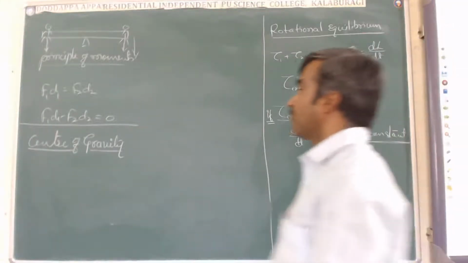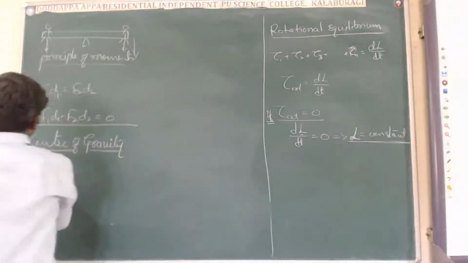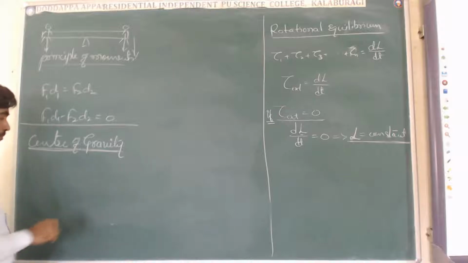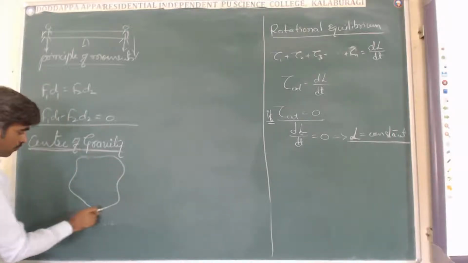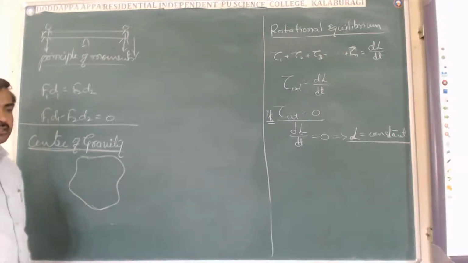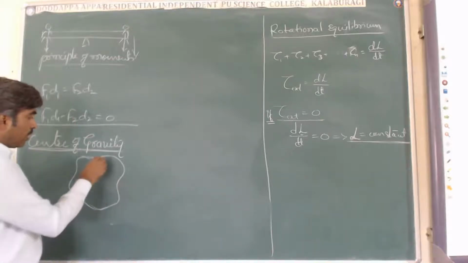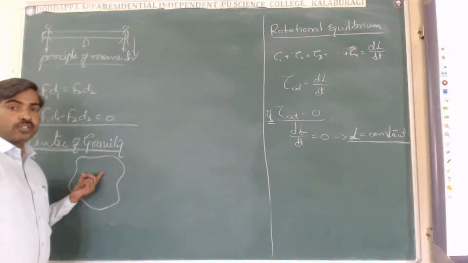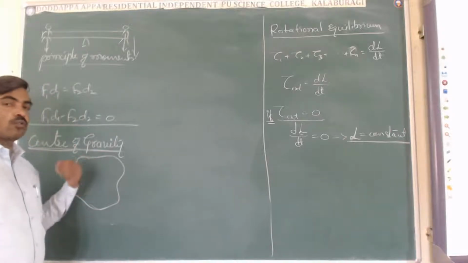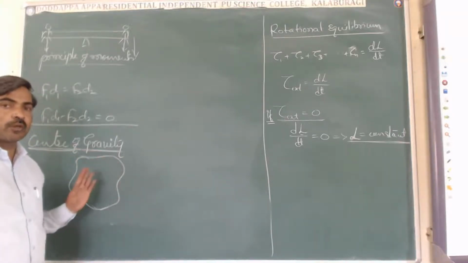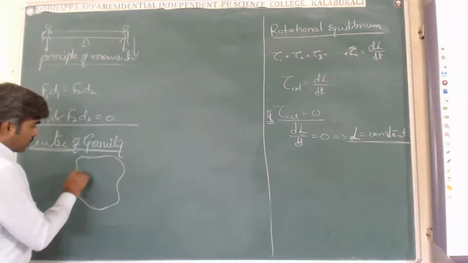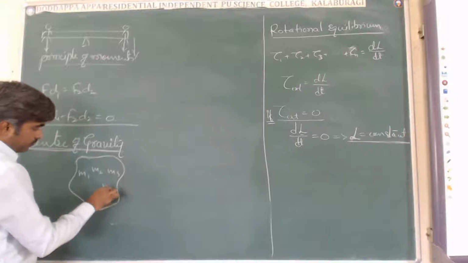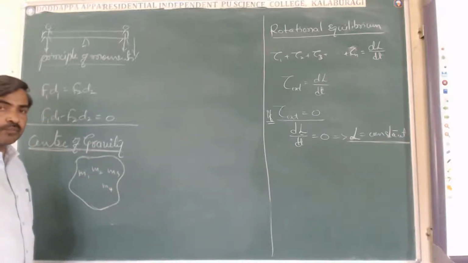We can define it for any rigid body, irrespective of the shape. It may be any shape, and irrespective of what type of motion it shows, whether translational motion, rotational motion, linear motion, whatever it may be, it is made up of so many particles.